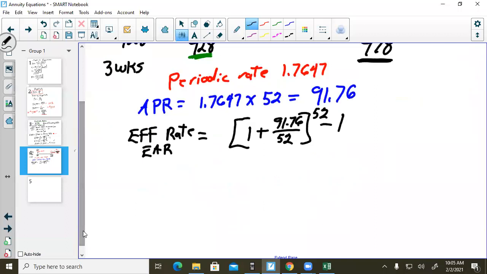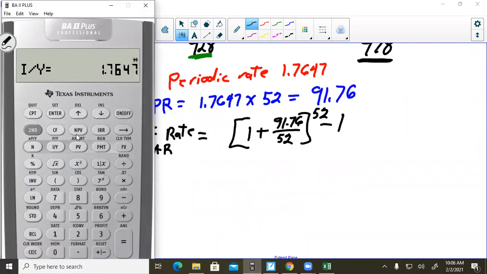We could do that, but I don't want to, so we'll just use the calculator and do it the easy way. I'm going to hit interest conversion. My nominal rate is 91.76. My compounding periods per year is weekly, so that's 52. And then I'm going to compute my effective rate.